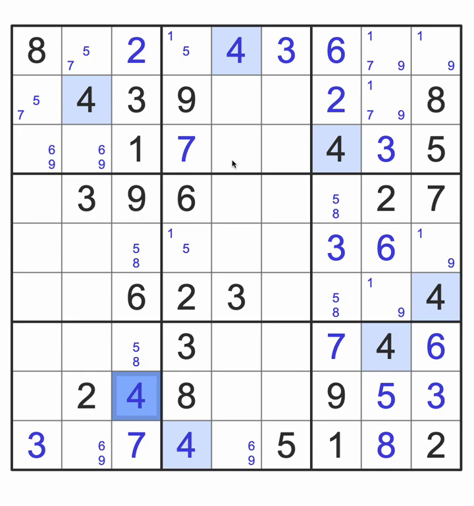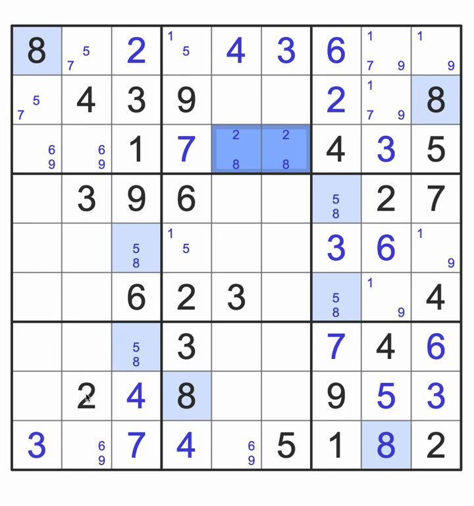Okay, 6, 9 double gives me 2, 8 double here, and this would be 1, 5, 7. That's not going to help. 1, 4, 5, 8. Sorry, 1, 4, 5, 8. 2.